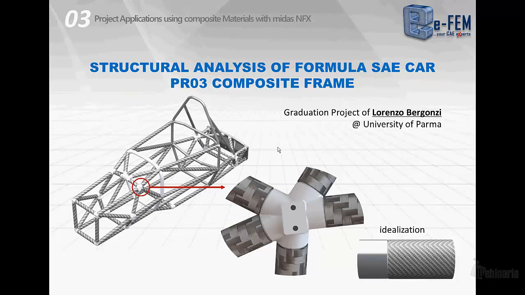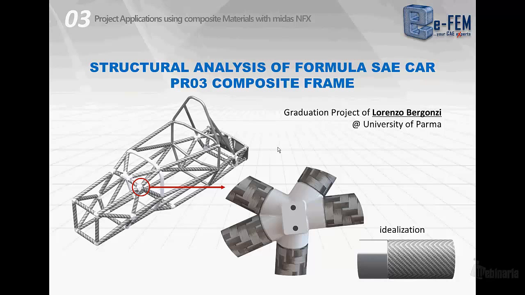His work is about the structural analysis of a Formula SAE car frame made of composite pipes. We need to specify that each pipe has been linked to the other by means of adhesive bonded joints.